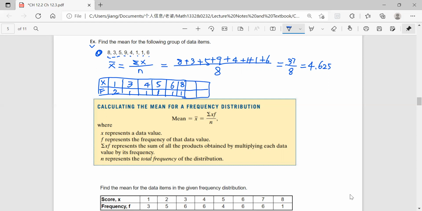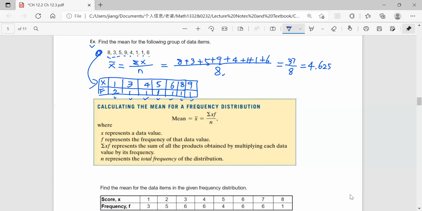The next one is 9, which appears once. So the total frequency is 8, because we have 8 data. We add them together: 2 plus 1 plus 1 plus 1 plus 1 plus 1 plus 1, that's 8. So we convert the data to the frequency distribution.